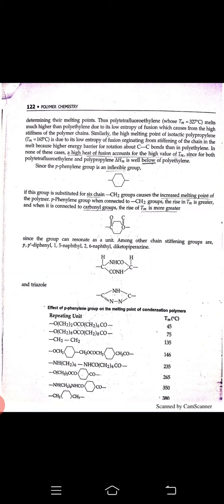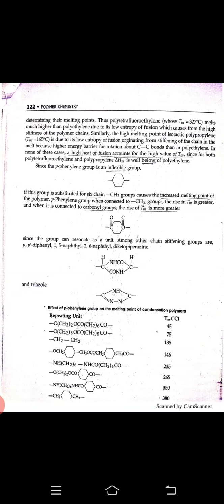Tm is increased where the paraphenylene group is present. For the chain with OCO and CH2 groups, the melting point is 45, but with the CH2 increased to 8, the melting point is 75.